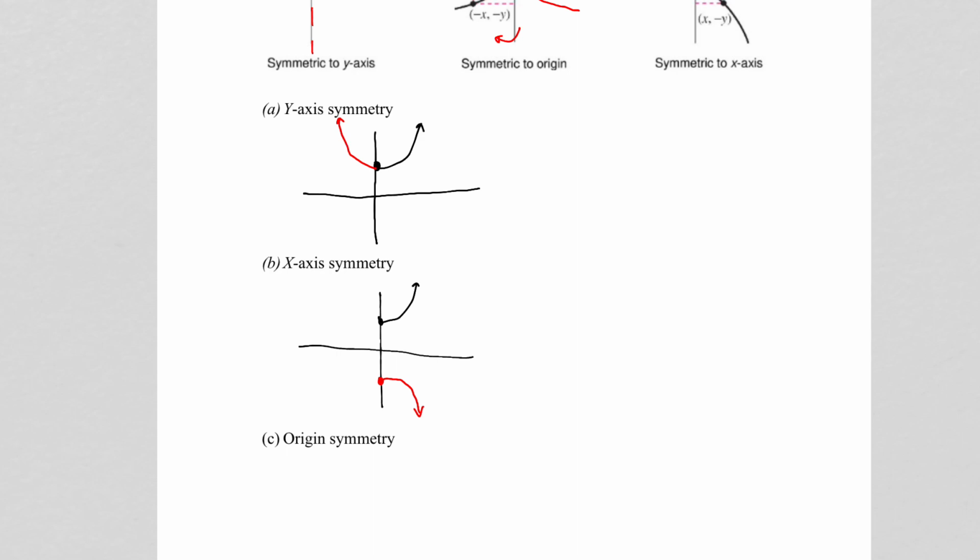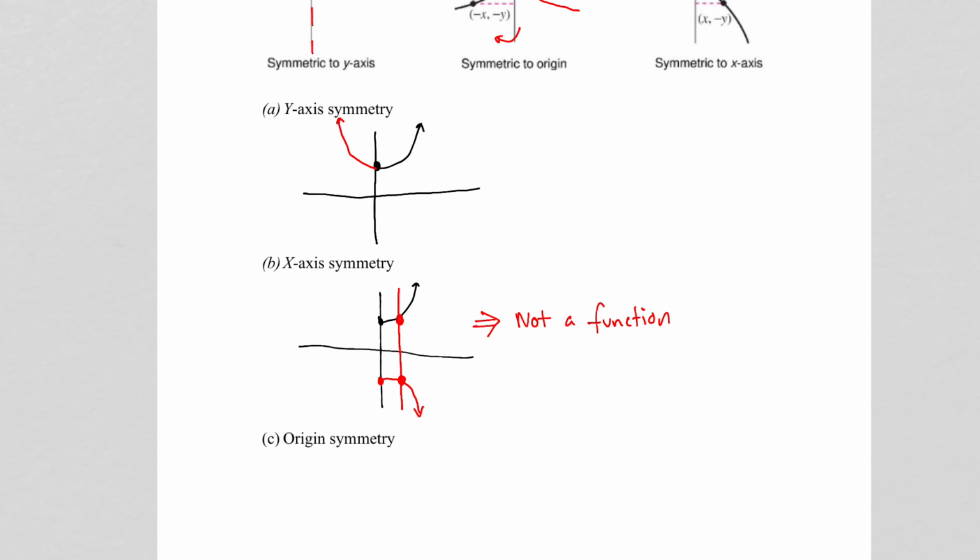And now we have two pieces that are going in opposite directions. Just want to make a little note of this. When a graph has x-axis symmetry, you're going to see that it is not a function. Right? A function has to pass what's called the vertical line test, meaning if you draw a vertical line anywhere, it can only pass through the graph once.